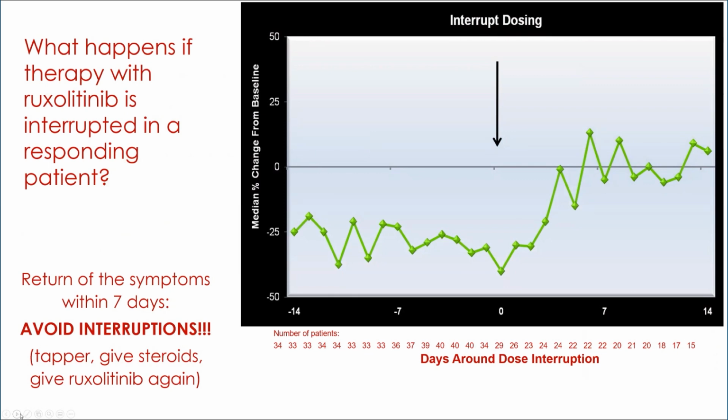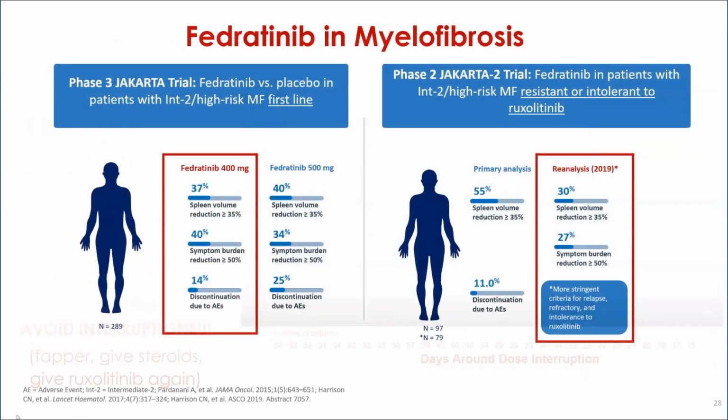Excellent test question, I tell you. So avoid interruption, because if that happens, what do you need to do? You need to give it back. Or better, if you need to stop it, taper it off and have steroids ready to counteract that rebound in the cytokines. So be aware of that. It's not extraordinarily common, but it does happen, and people may get in trouble when you stop it cold turkey.